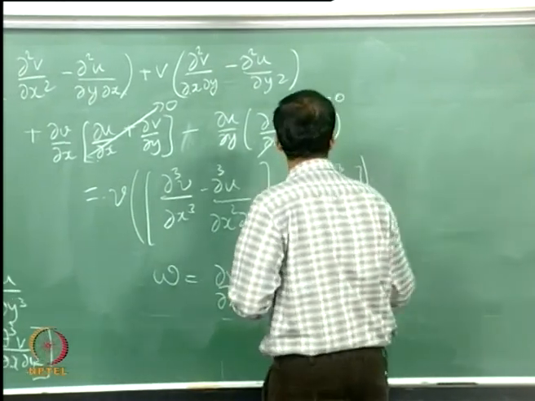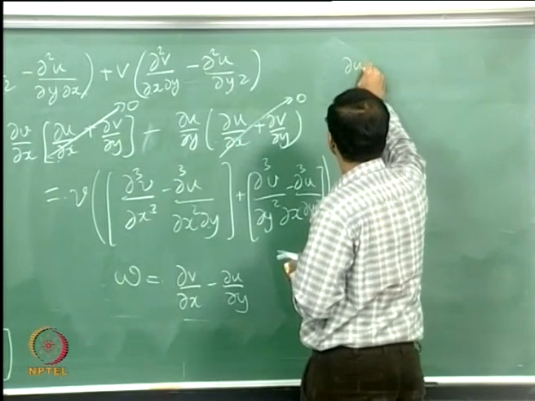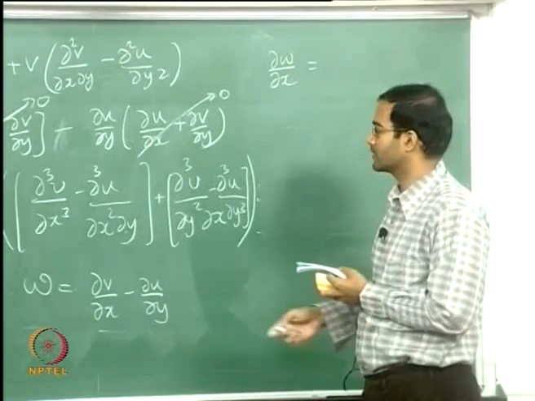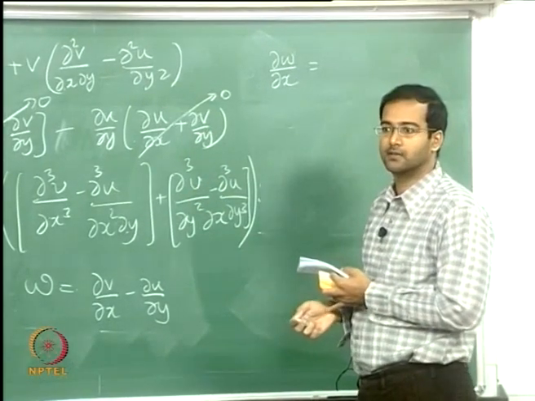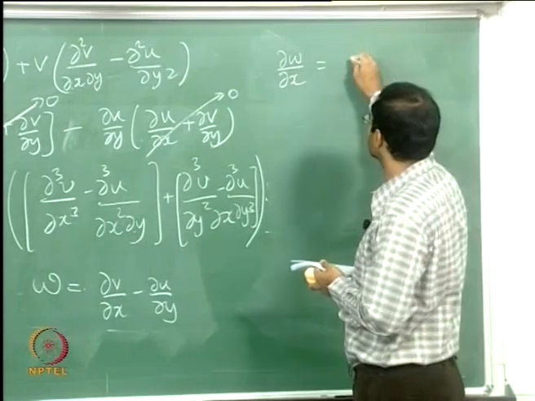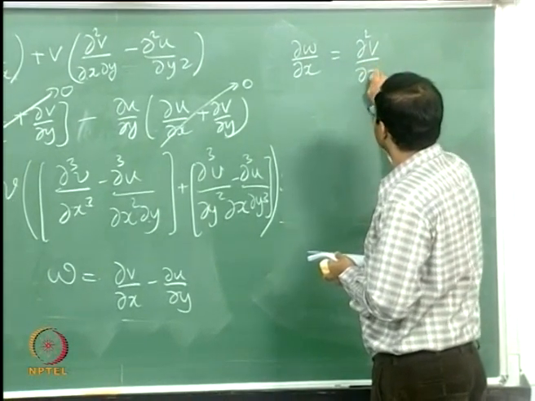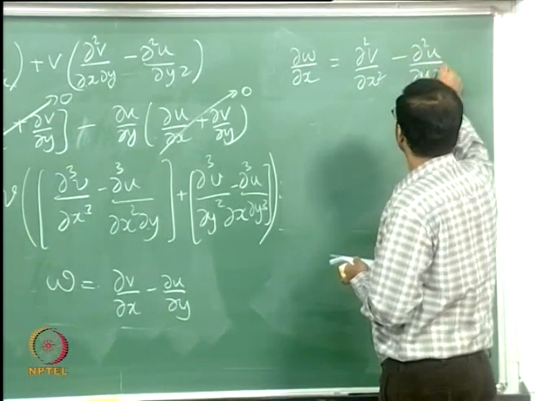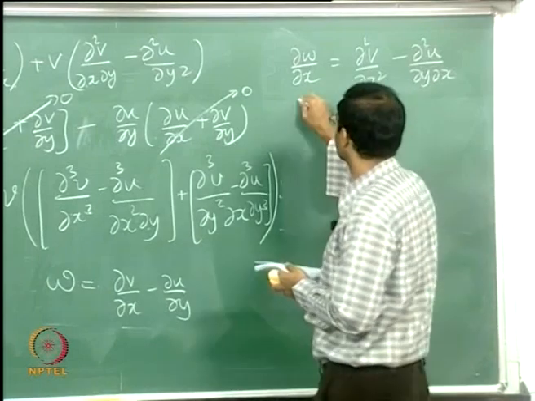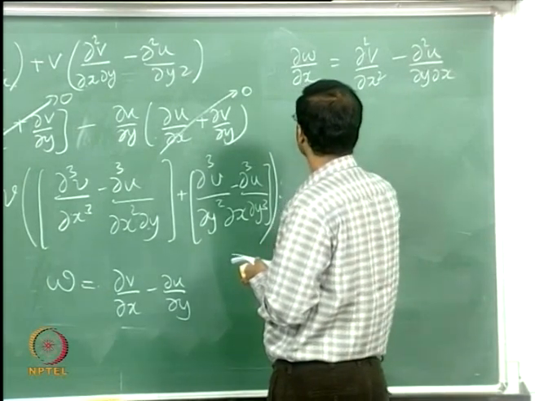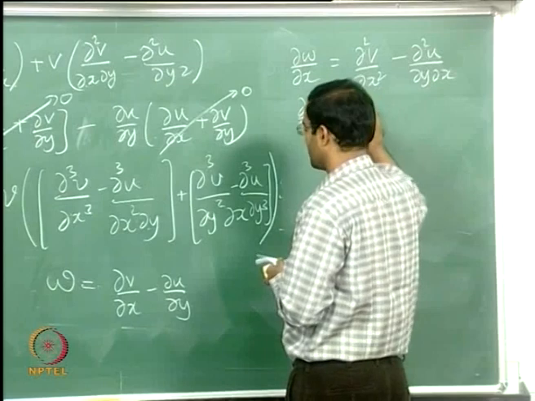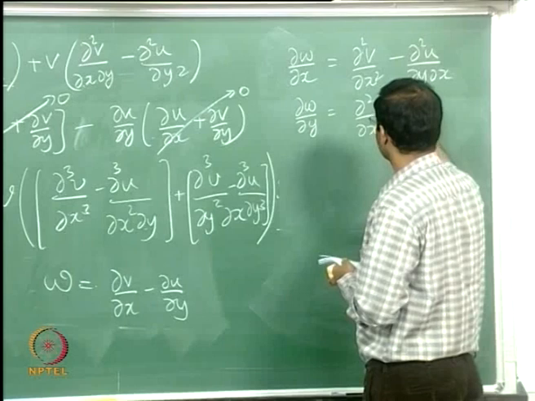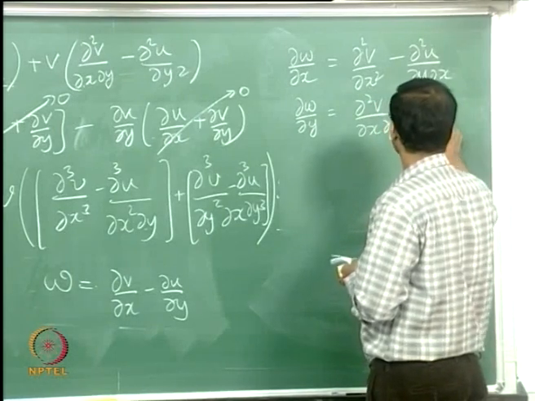So for example, if you now take the derivative of vorticity with respect to x, now you please tell me what the term should be. That should be exactly the first term on the spatial derivative term, right. So that is del square v by del x square minus del square u by del y del x, okay. So d omega dy should be what, d square v by dx dy minus d square u by dy square, okay.